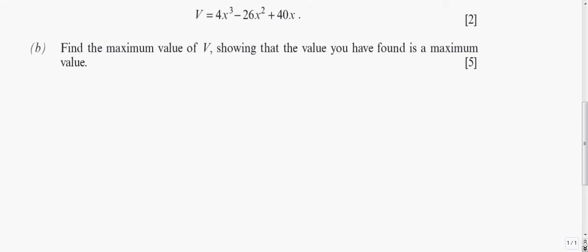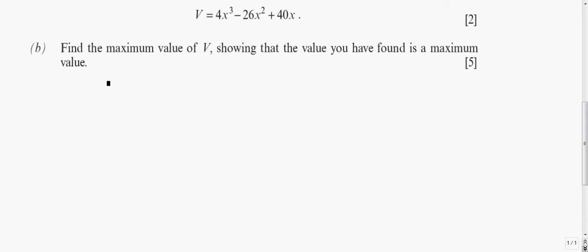It'll work for any equation, because even though we can draw the tank that's given by this equation, we can also draw the graph of this equation. So what this question is actually asking is just find the local maximum of this graph, and then show it's a maximum value.